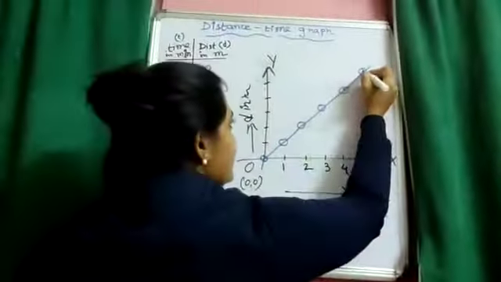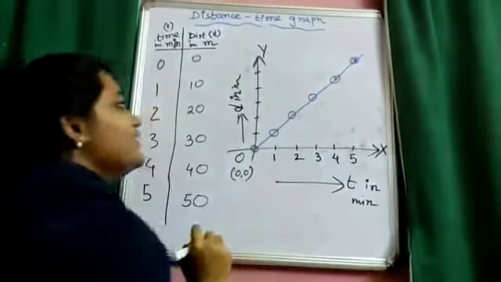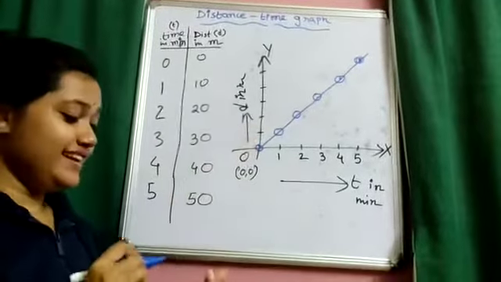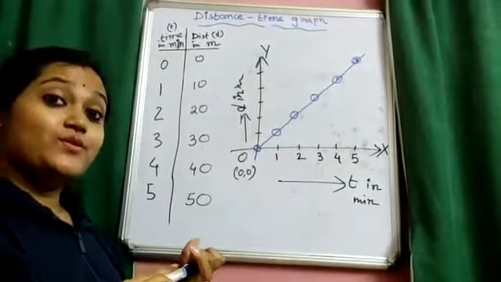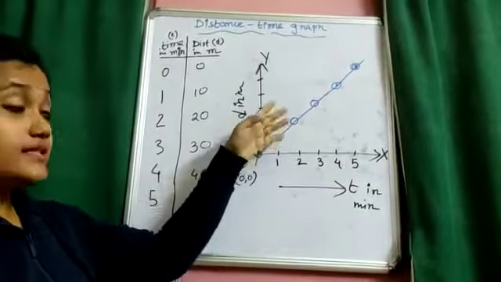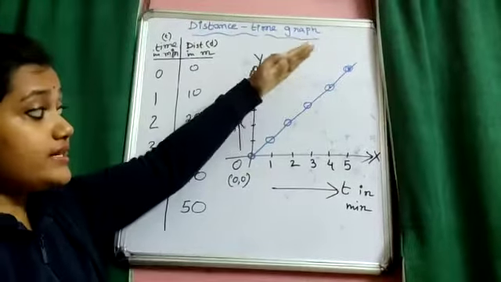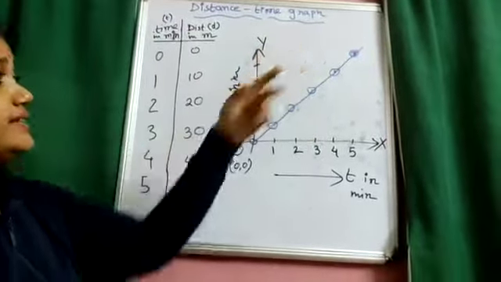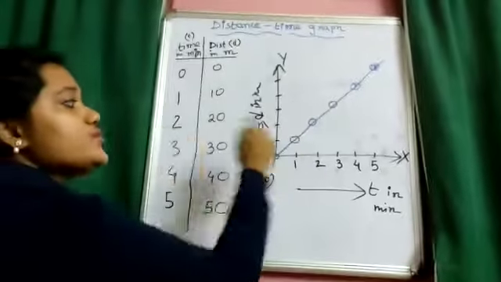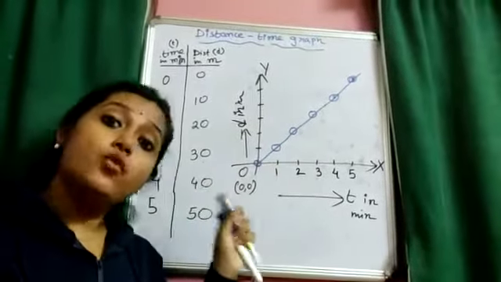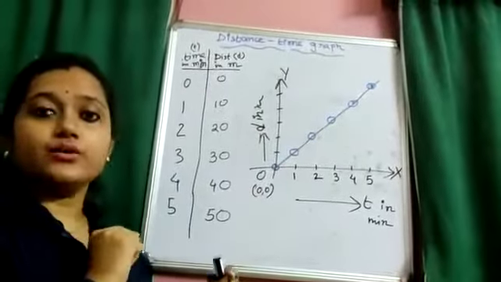Okay, so what have I got? I have got a straight line, and what is it showing? Now see, in this case this straight line is not parallel to the time axis. Okay, this is inclined. Now this one is showing that the body is in motion. This is the first conclusion.